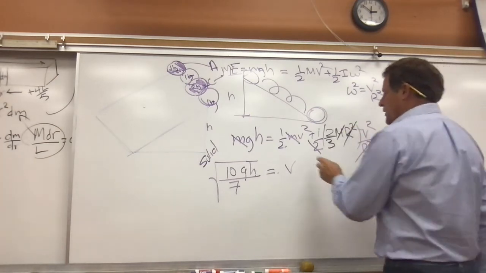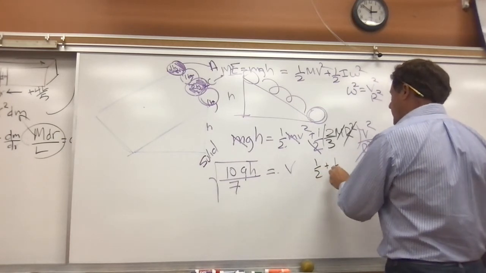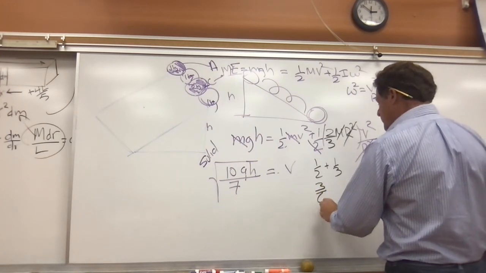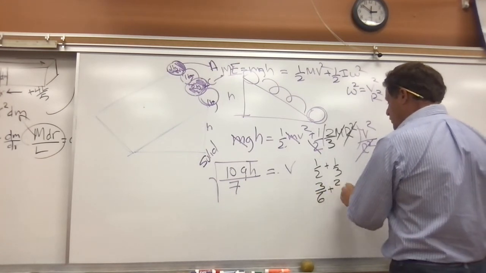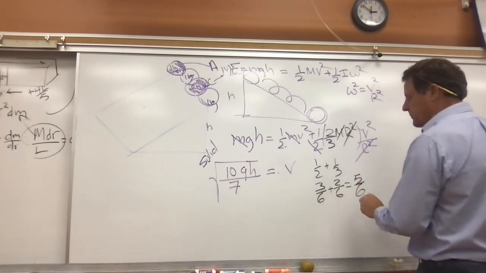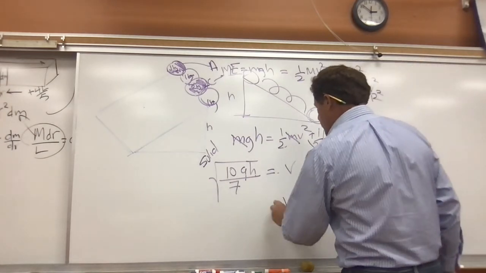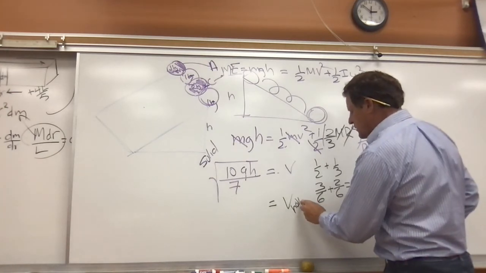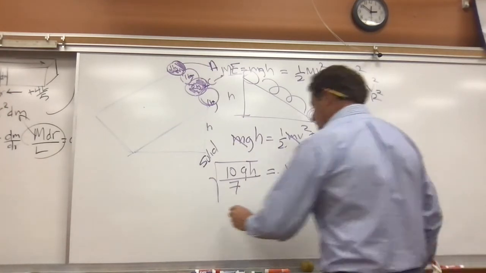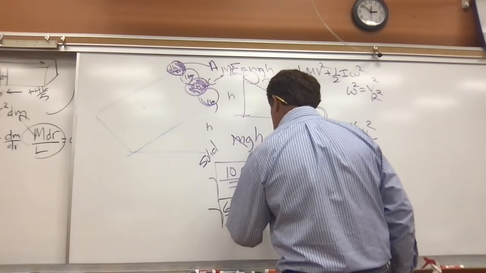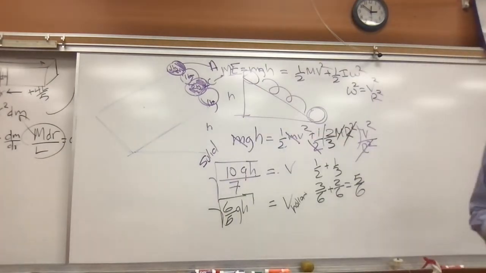So now we have 1/2 plus 1/3. 1/2 is 3/6 plus 1/3 is 2/6, which gives us 5/6. So our velocity of the hollow sphere is going to be the square root of 6/5 gh.